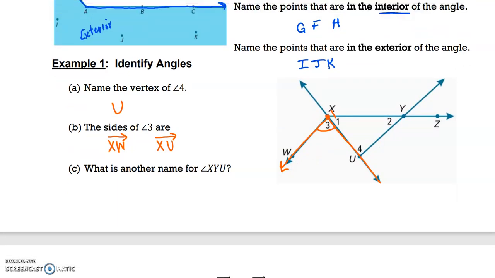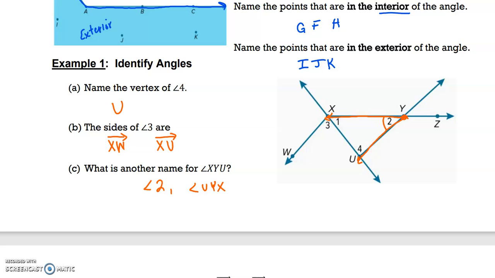Another way to name angle 2 is X, Y, U. So go X and then in to Y and then out to U. Now, this could be angle 2. And this could also be U, Y, X, going the other direction. Make sure that you have your angle symbol in front, since that's what we're naming.